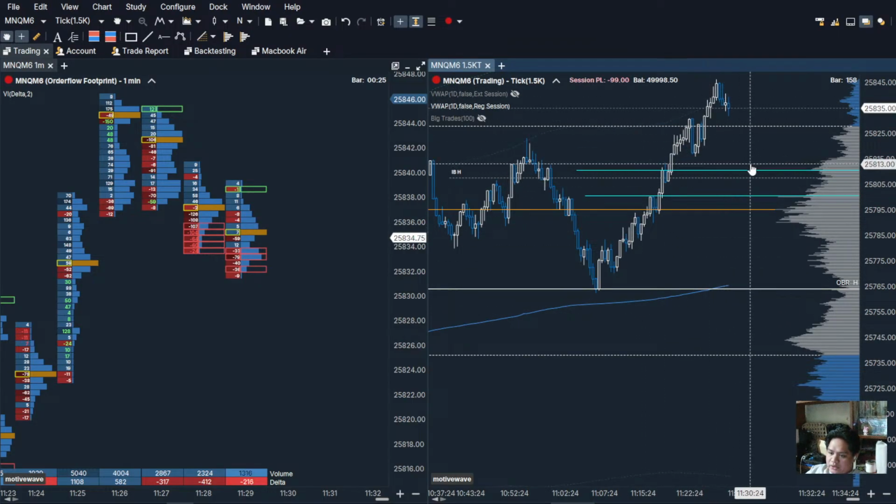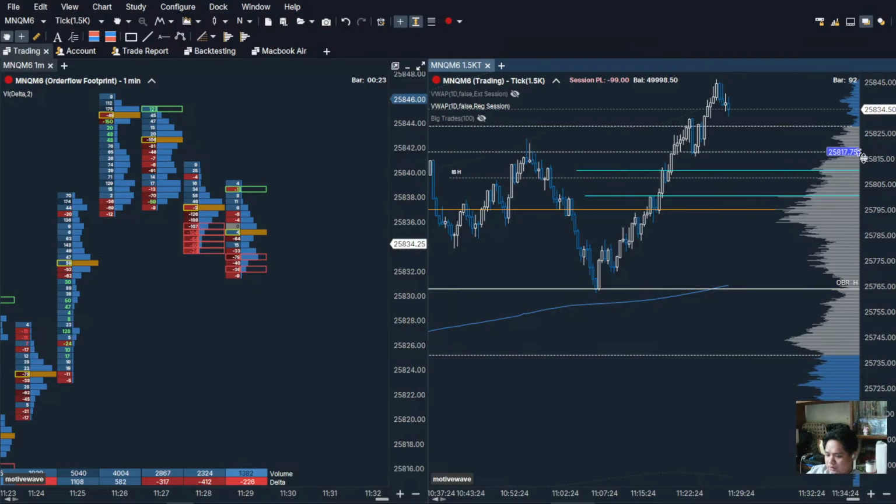So if you pull back here, you can definitely try to go up.